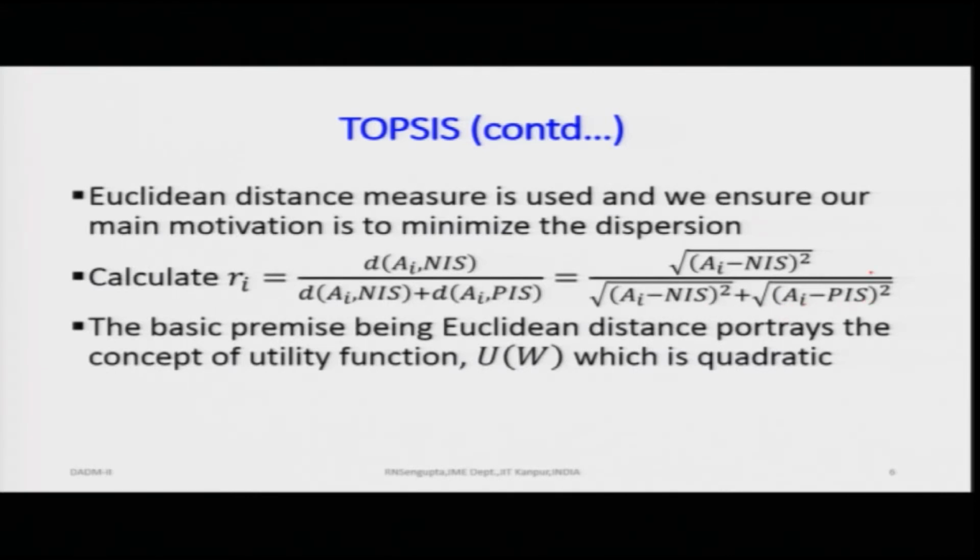So, once we have the distance function, the basic premise or basic assumption being that the Euclidean distance portrays the concept of utility, which is quadratic, and if you remember, the quadratic utility function gives us the square error loss, which is the best way to find out how you can minimize the utility function.